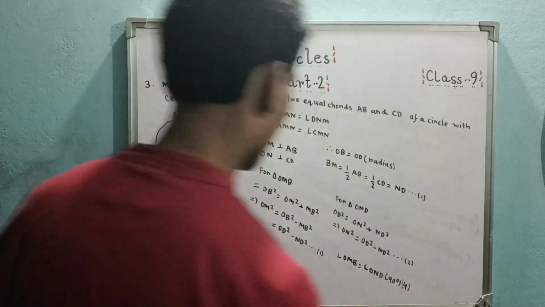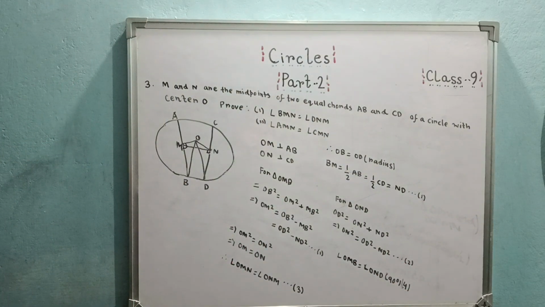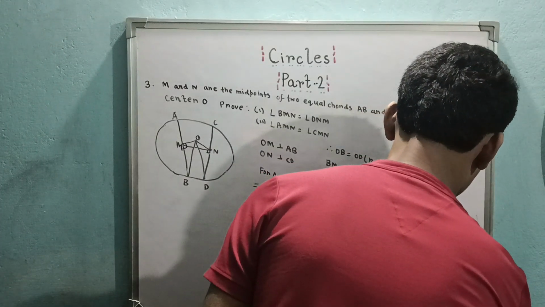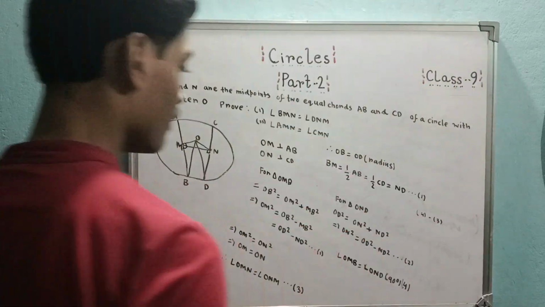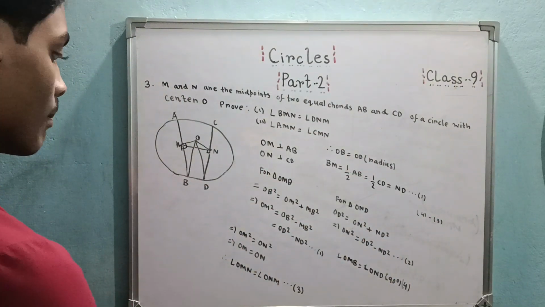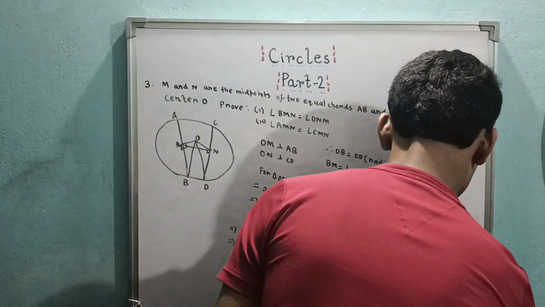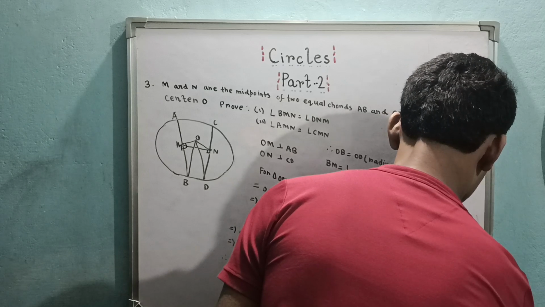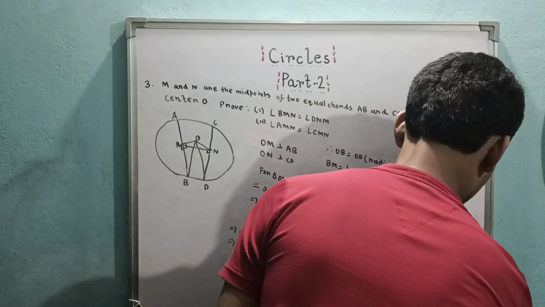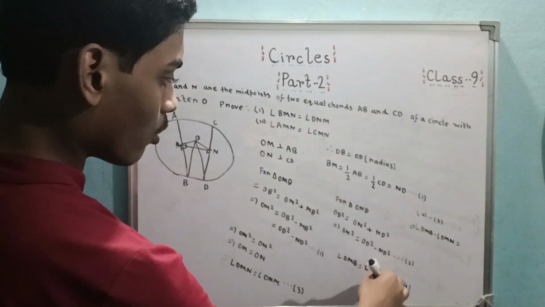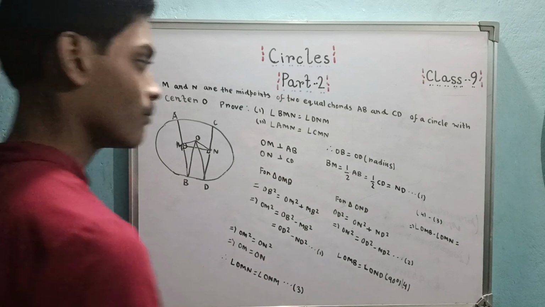Now, from 4, if I just subtract 3, so 4 minus 3 means what? That means angle OMB minus angle OMN equal to angle OND minus angle ONM.